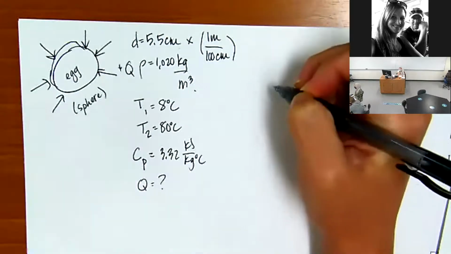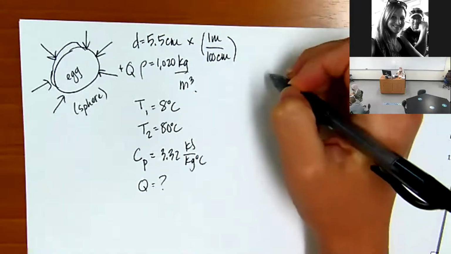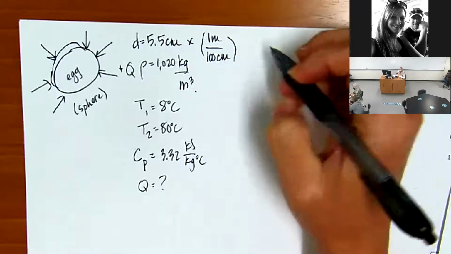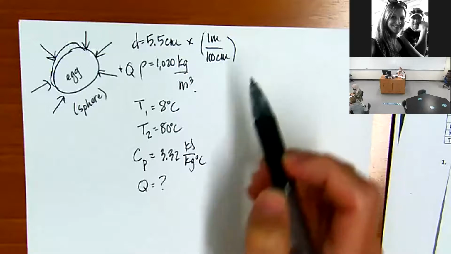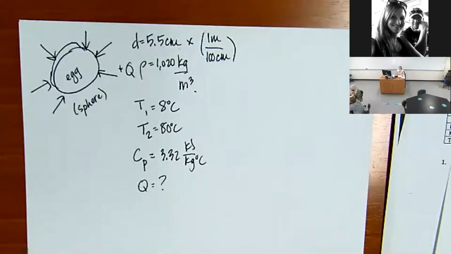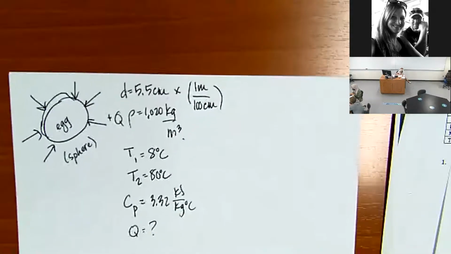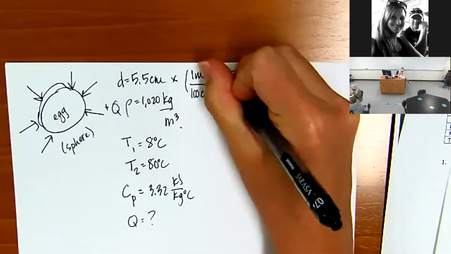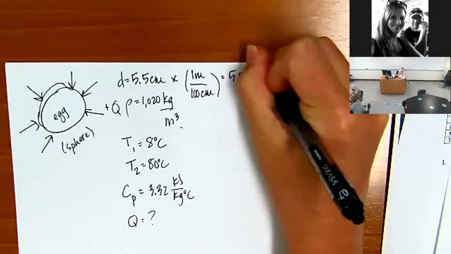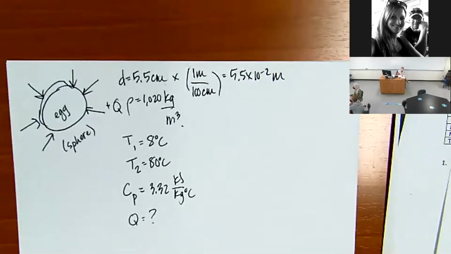Centimeters is one of the easier ones for me because a century is 100 years and a centi is 100. Which is going to be 5.5 times 10 to the negative 2 meters.